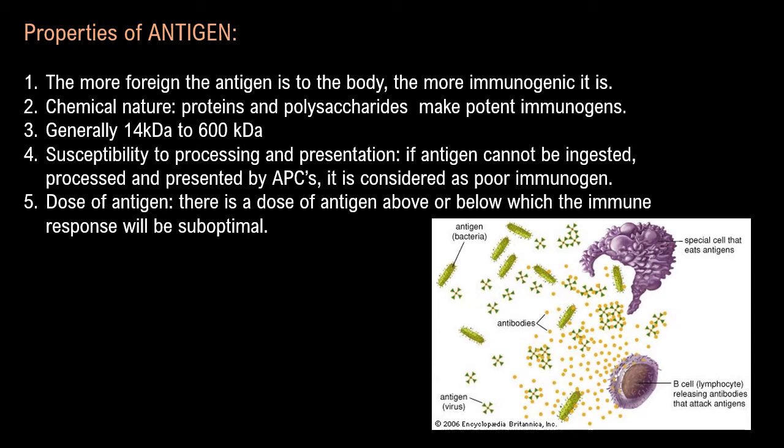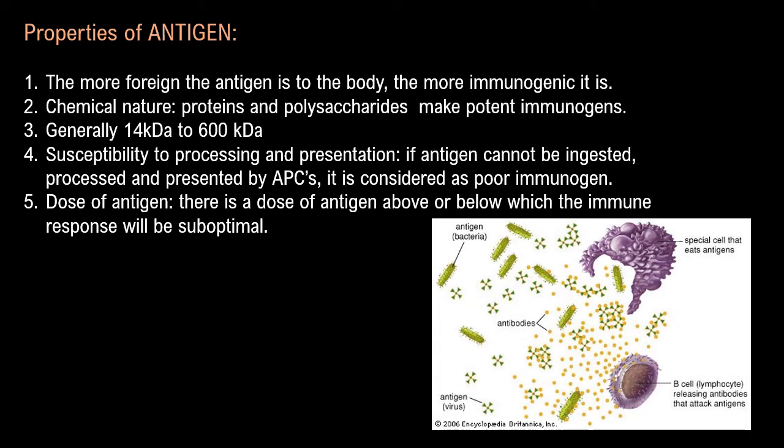Generally, the molecular weight is 14 kDa to 600 kDa. Antigens with this molecular weight are highly immunogenic, and those with lower molecular weight, say towards 5 kDa, are poorly immunogenic. Generally, that has come forward in some studies.